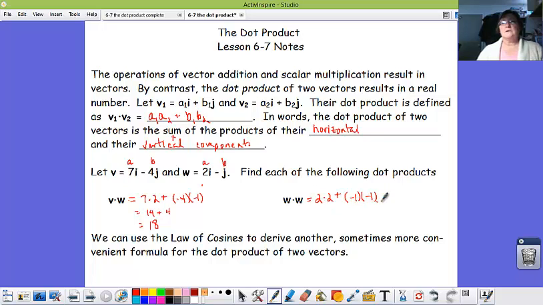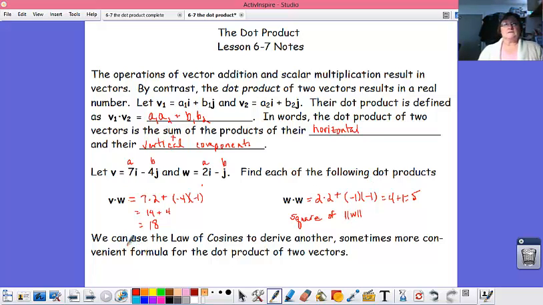That's 4 plus 1, or 5. And the reason I say this is interesting, folks, is because it's the square of the magnitude of that vector w, because to find the magnitude, you'd square and add and then take the square root. So it's another way of getting at the magnitude for a vector.